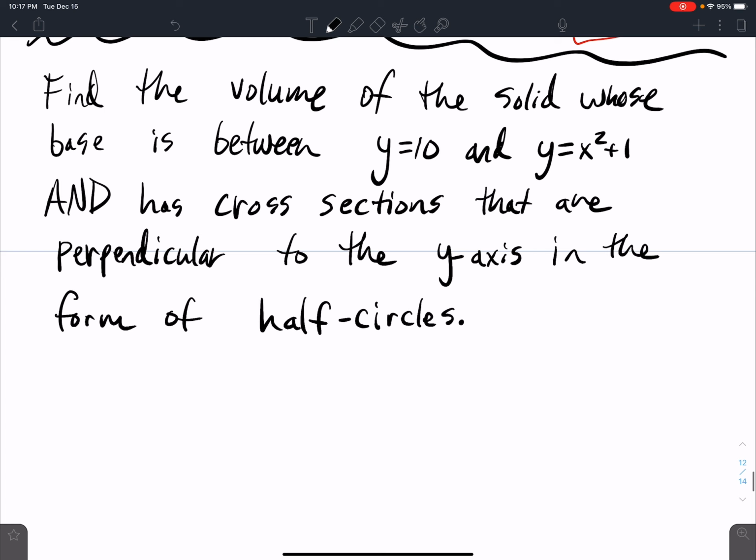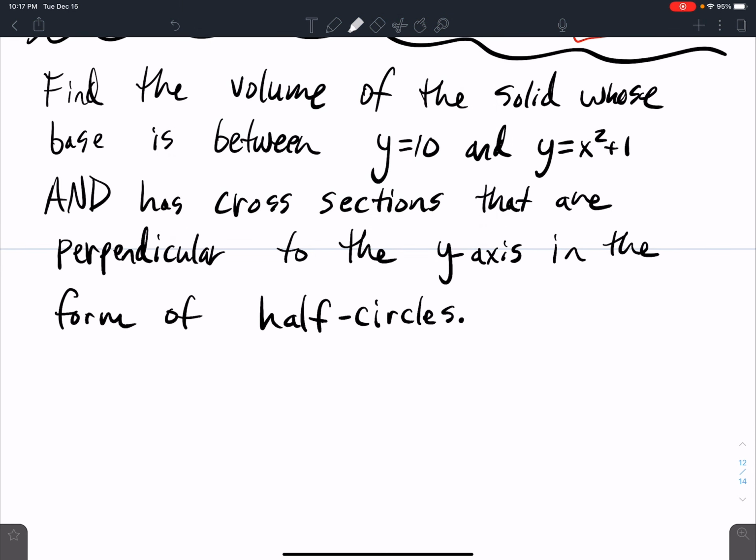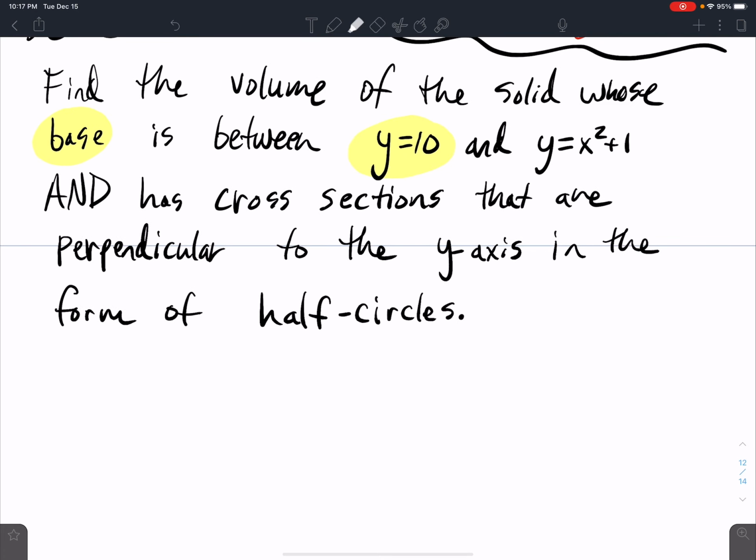Okay, so a lot of information in this word problem here. The first thing I'm going to do is pick out the important things. I want to find the volume of a solid, the base is between y equals 10 and y equals x squared plus 1.